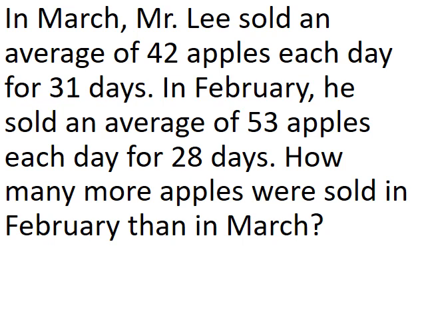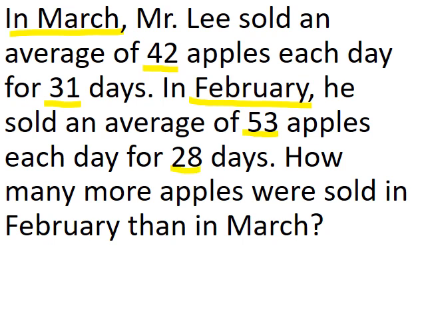Let's underline the important information. We know that in March, he sold 42 apples for 31 days. So it's 42 times 31. In February, he sold 53 apples for 28 days.